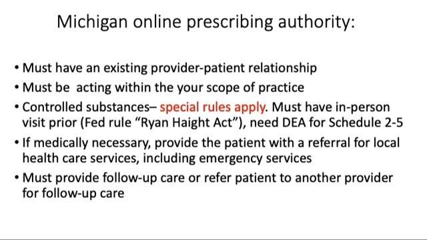If you're going to be prescribing controlled substances, there are special rules. There's a federal rule called the Ryan Haight Act. What happened with Ryan Haight, a young man who was able to procure a boatload of opioids from an online clinic that had never met him and sent him a bunch of opioids, and he overdosed and died. As a consequence, there are special rules.